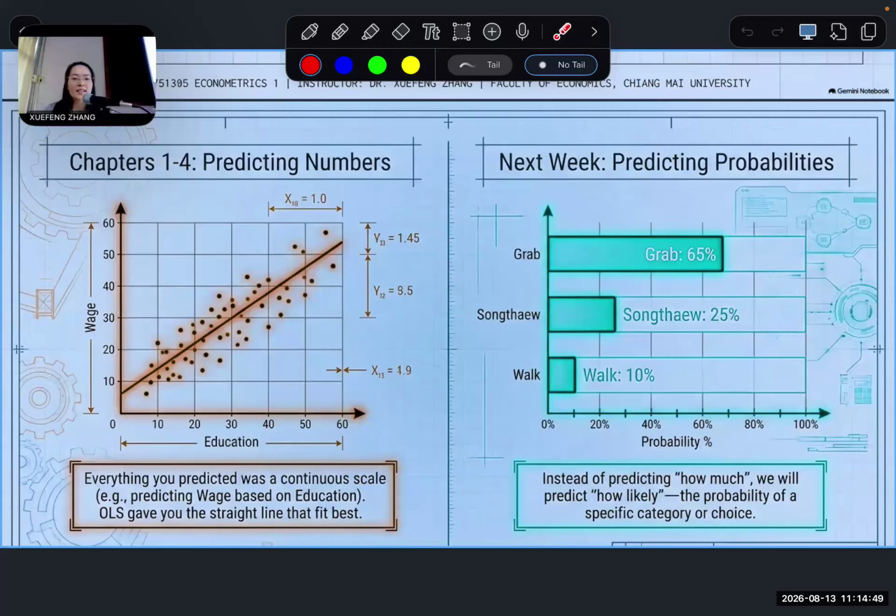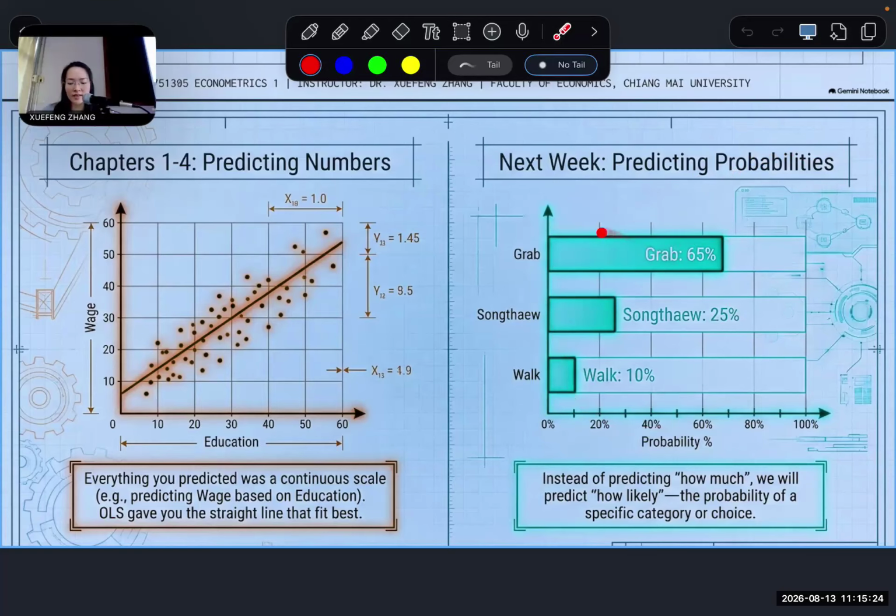So look at the contrast side by side. The left side, which is chapter 1 to 4, we predicted numbers on a continuous scale, for example from education, right? The line just keeps going up, any value possible. This was OLS, which fits the straight line that best matches the dots, all right? But on the right, after the exam, we're gonna learn to predict probability.